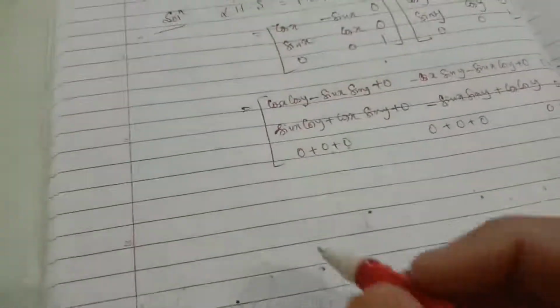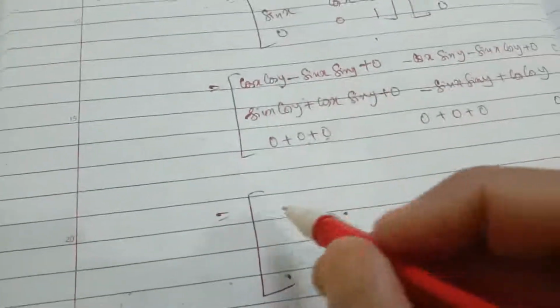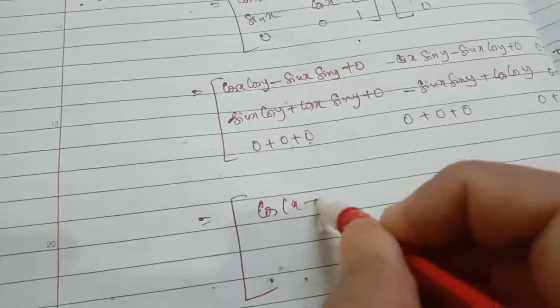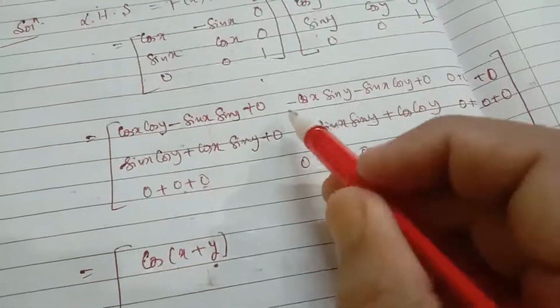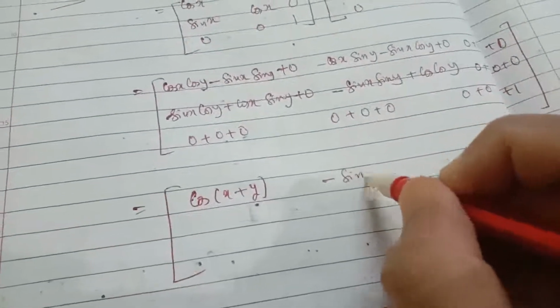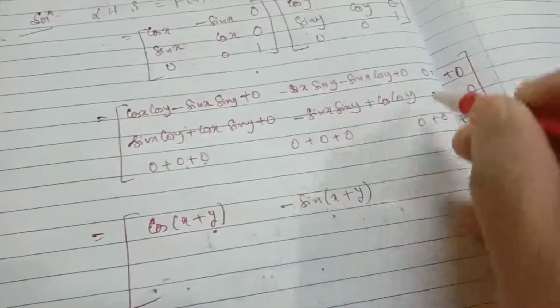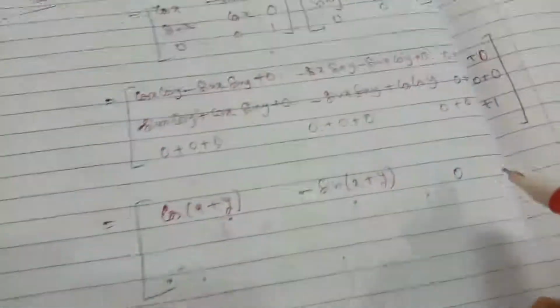Now you can see cos a cos b minus sin a sin b is the formula for cos of a plus b. If I take minus sign common from these two, minus of (sin x cos y plus cos x sin y), it will be minus of sin(x plus y). This will be 0. You see, 0 plus 0 plus 0, this is 0.